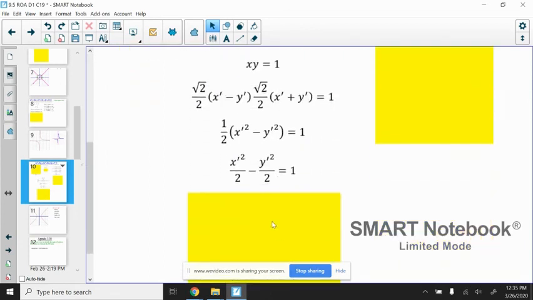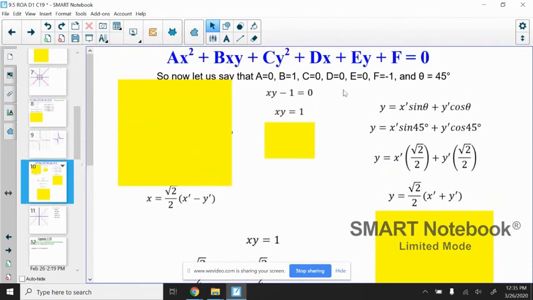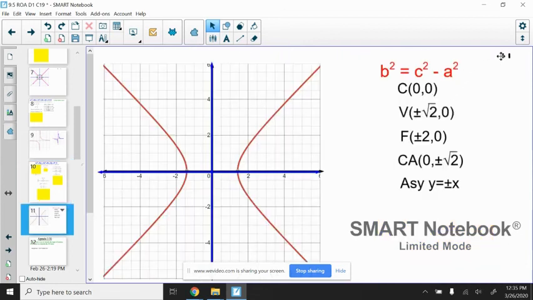They are on the x prime y prime axis, which is something that has been rotated from the xy axis 45 degrees. And the way I'm going to help you out, look, I made these little notes for you. The asymptotes themselves are the y prime, x prime, because everything is in terms of x prime and y prime.